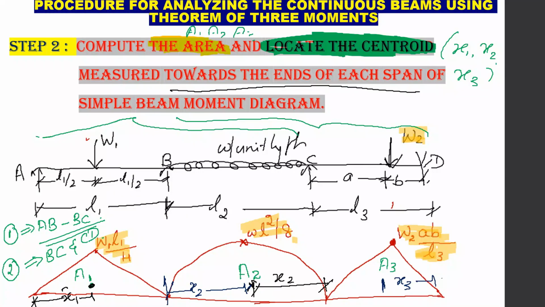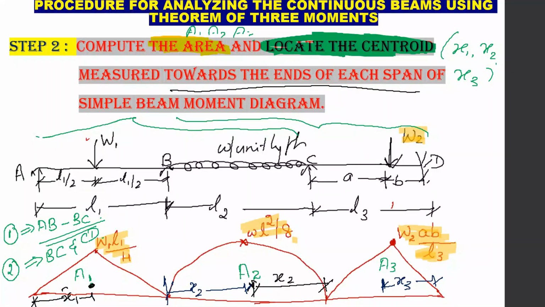This is X3. So you should be very careful while taking your centroids. Centroids for each span are to be located from the extreme ends. So this is our second step.